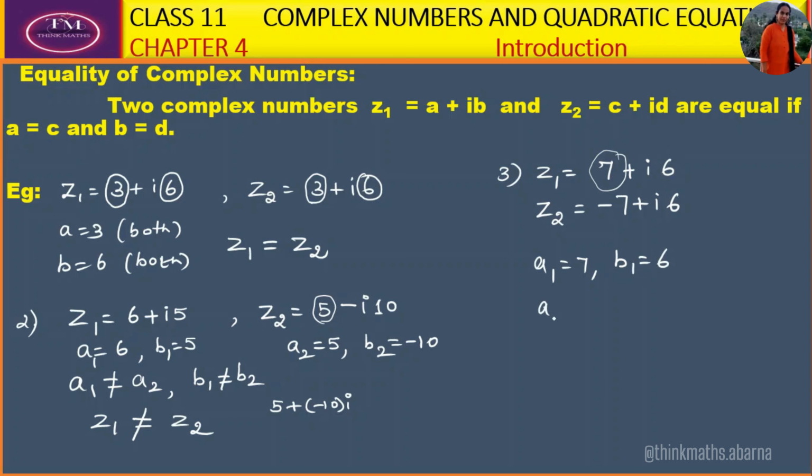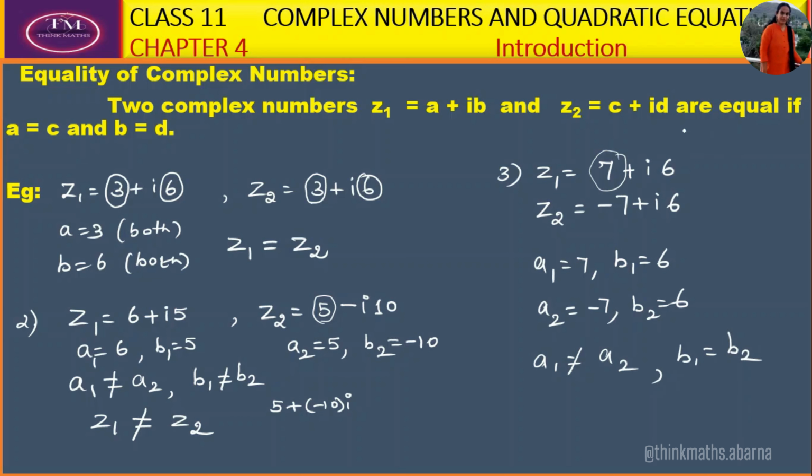The same way for Z2, the real part is minus 7 and the imaginary part is 6. Are the real parts equal? No. One is positive, one is negative. So A1 is not equal to A2 but B1 is equal to B2. But both should be equal.